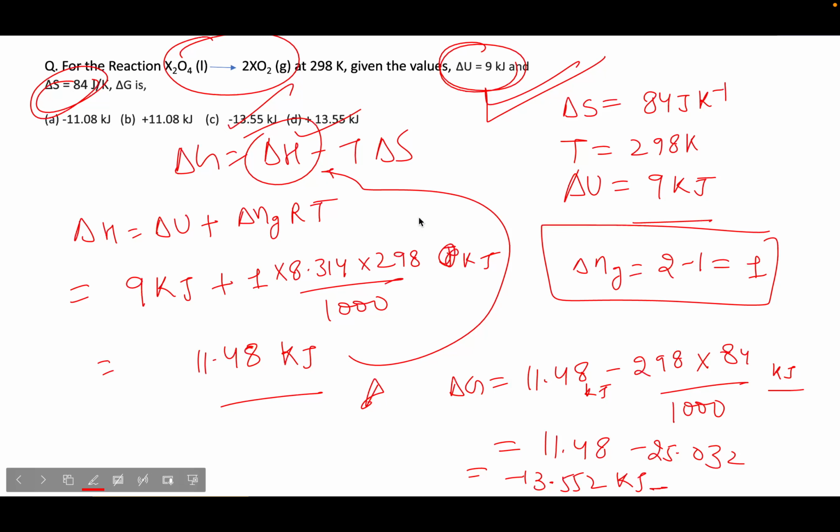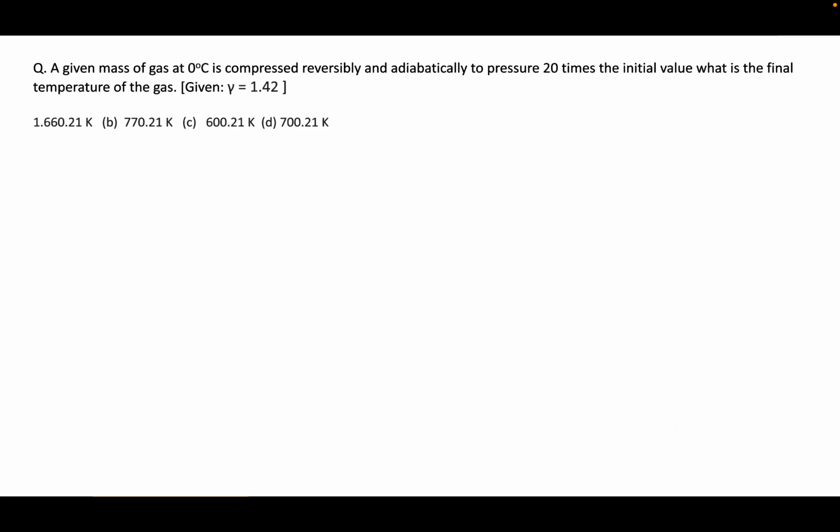Now to the next question. A given mass of gas at 0 degrees Celsius is compressed reversibly and adiabatically.